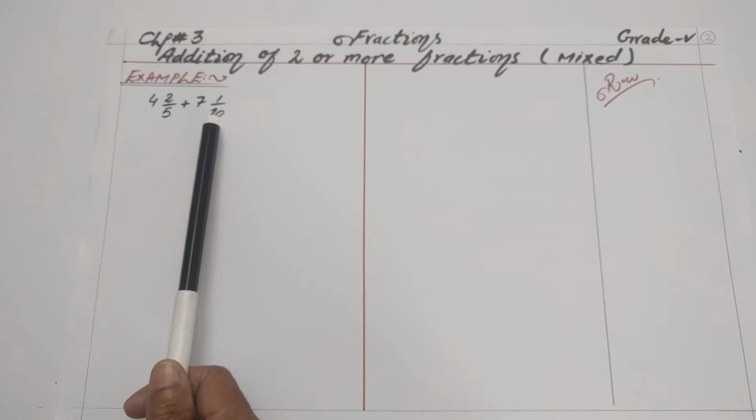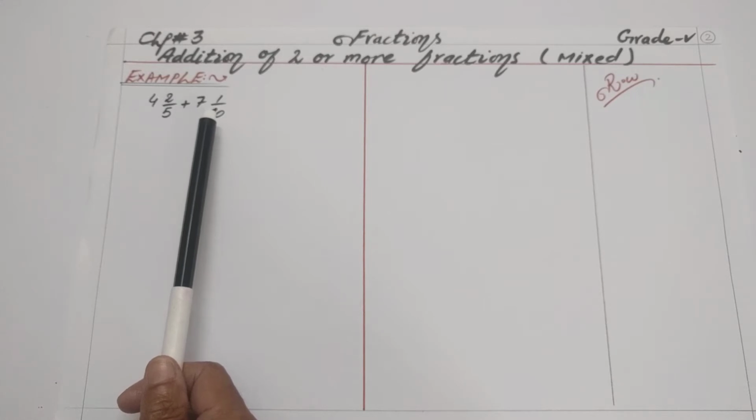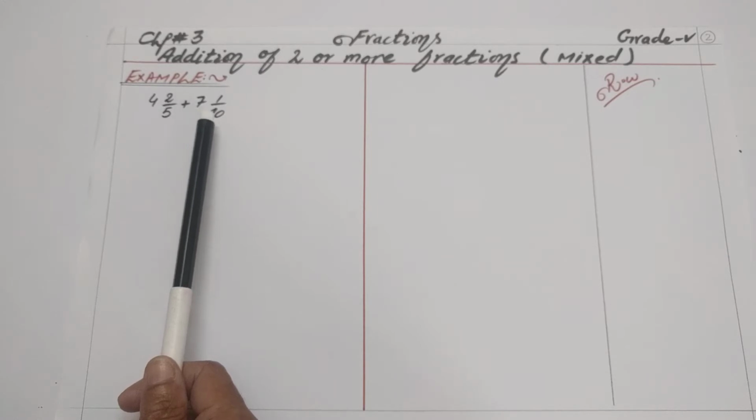I need to convert each of these two into an improper fraction. You know how to do that? After that I have to convert these improper fractions into like fractions and then add them.